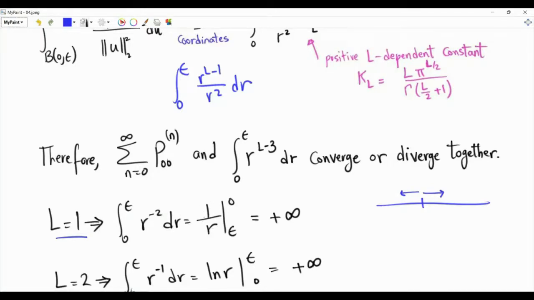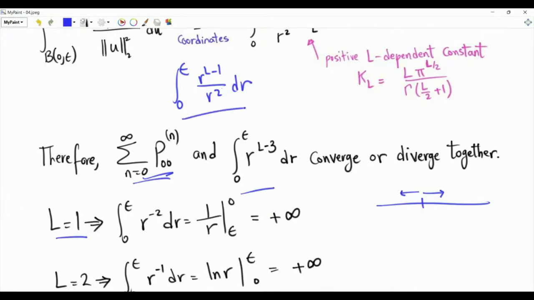This will give plus infinity. Recall that these two quantities converge or diverge together. If the integral is plus infinity, then this summation is plus infinity. In this case, the state of the origin, the all zero vector in L dimensions, will be null recurrent. And because the Markov chain is irreducible, every state will be null recurrent.